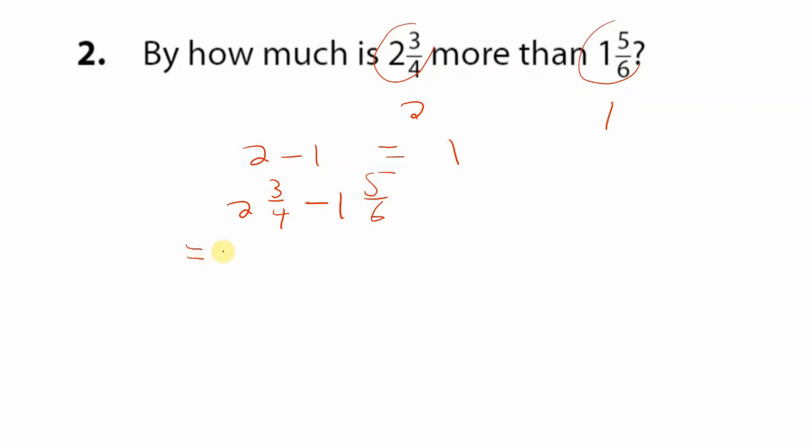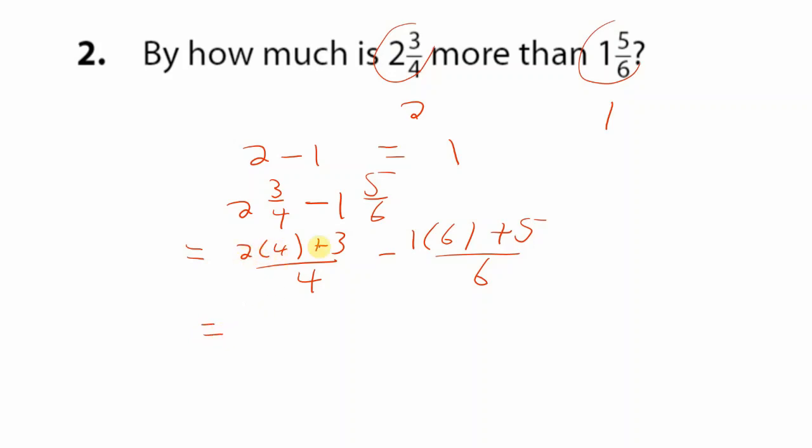So now we have mixed fractions. First change to improper. 2 times 4 plus 3 over 4 minus 1 times 6 plus the 5 over the 6.